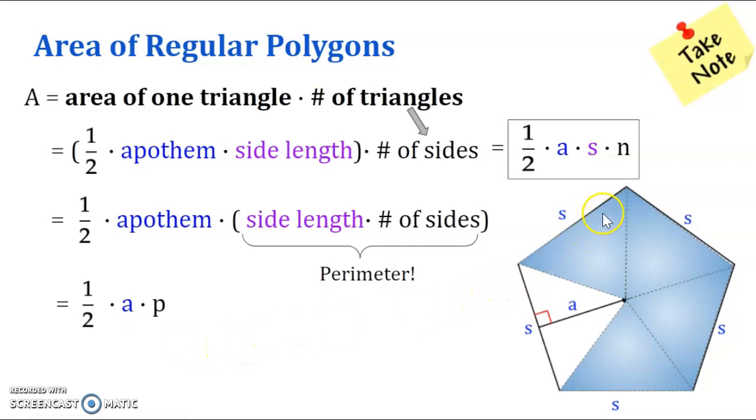So you have two different formulas. You can have half times A times side length times number of sides, or half times A times P, which is perimeter.